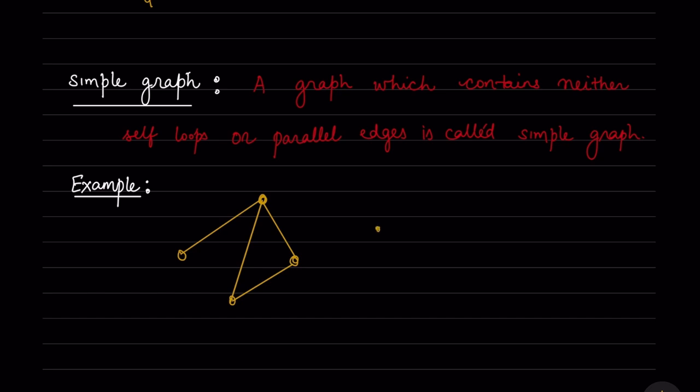Parallel edges look like these. In this graph G there are no parallel edges. A self loop means a vertex which is connected to itself. So a graph which has neither self loops nor parallel edges is called a simple graph.